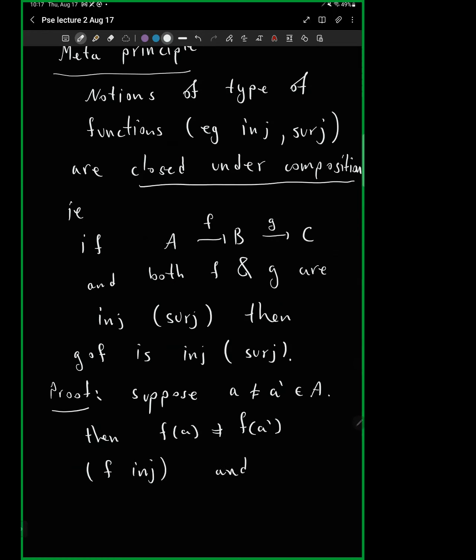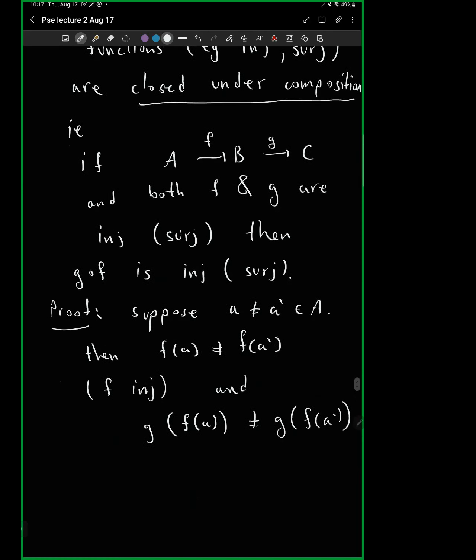And g of f of A must be different than g of f of A prime, since g is injective. So what we get is that g composed f is injective.